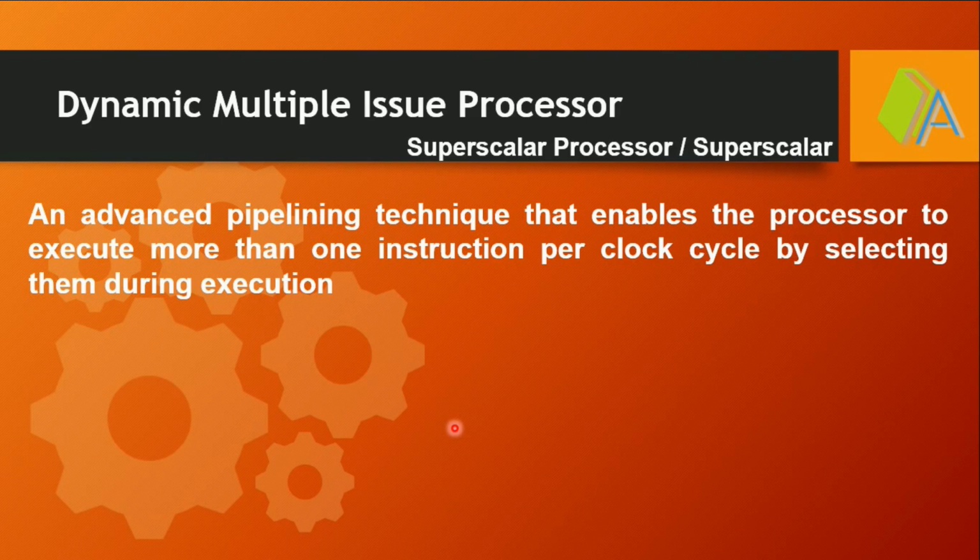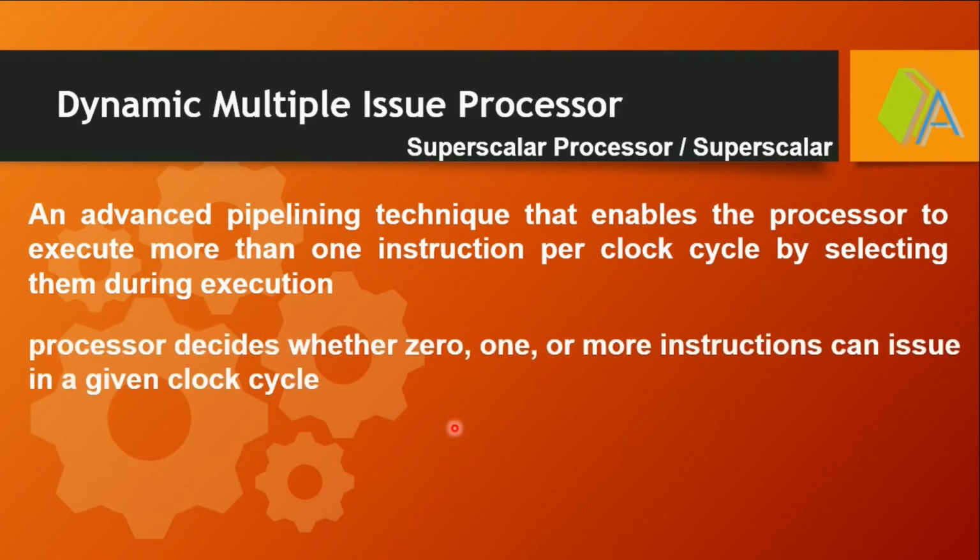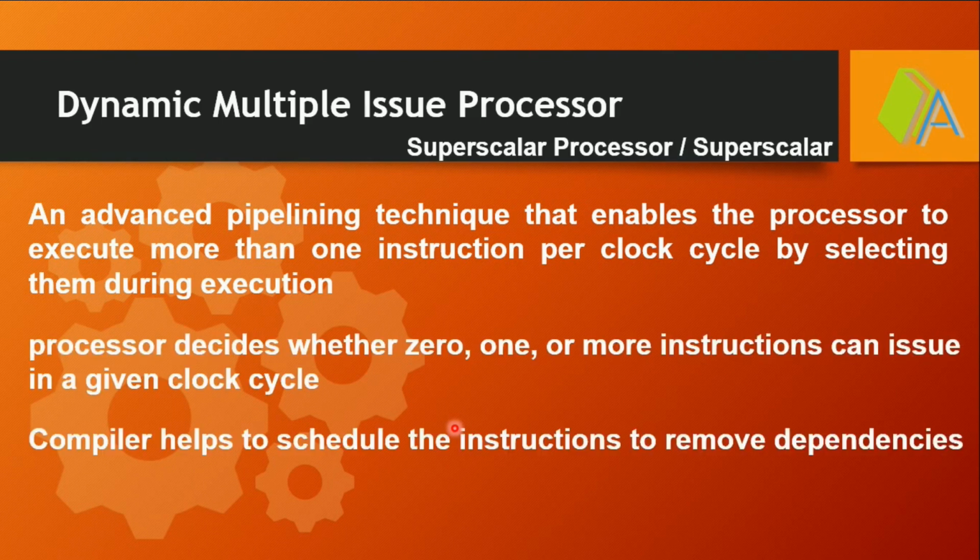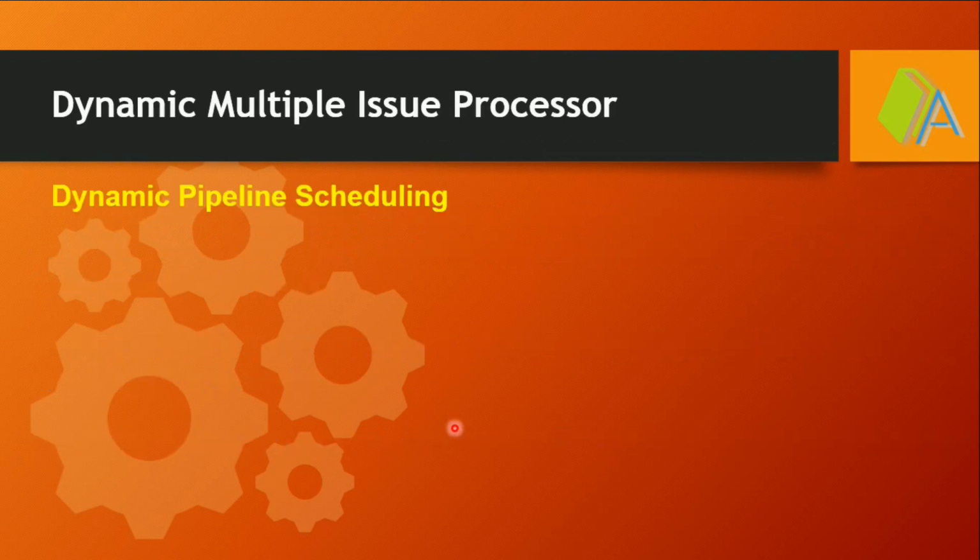Even before execution, the compiler will be taking care of those things. The scheduling will be done by the processor. So which instruction has to be fetched at what clock cycle will be taken care of by the processor. Dependencies will be removed with the help of the compiler.